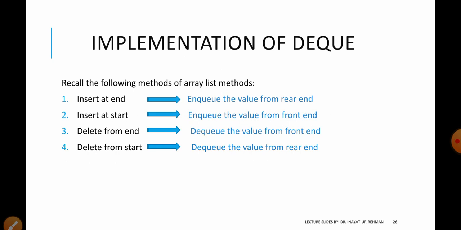Delete from end operation, whether in array list or linked list, we rename as deque the value from rear end, and delete from start will be converted as deque the value from front end.